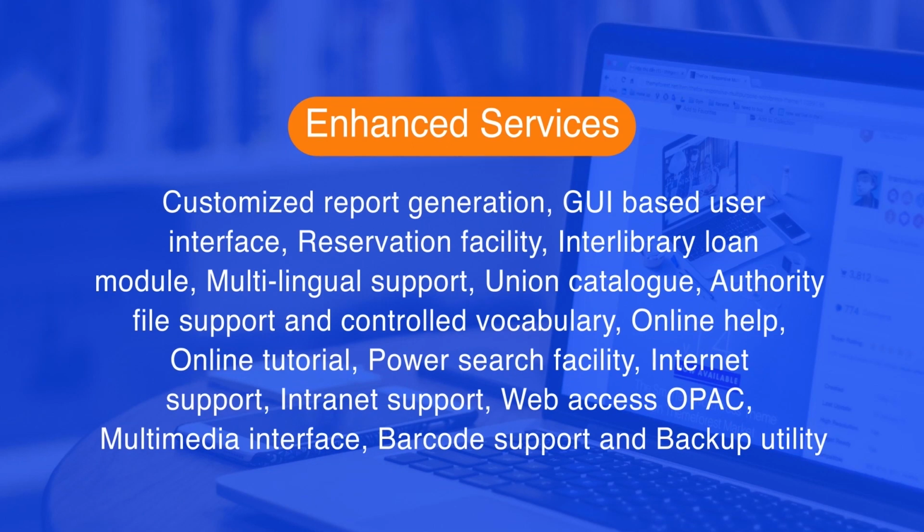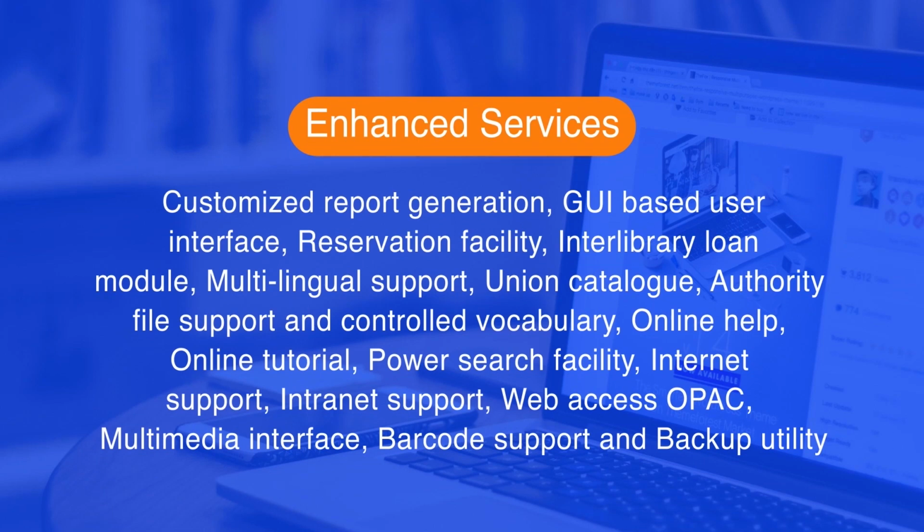Then multilingual support through Unicode. It's very important for Indian libraries because we have 22 different languages in our country. Union catalog, or if a particular library supports different kinds of branch libraries, so there should be an automatic union catalog for all the branches.